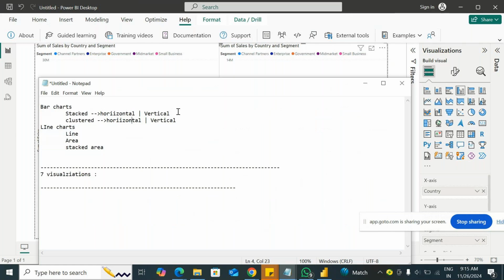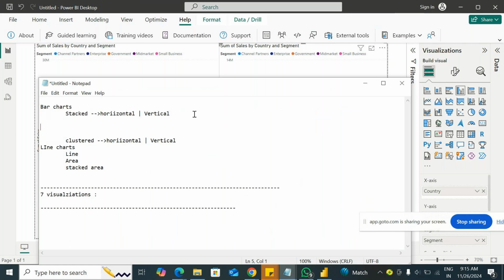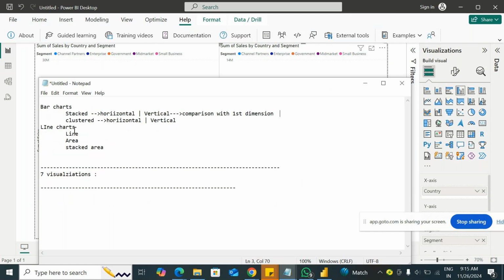The stacked bar is used to represent a comparison with the first dimension, and the clustered bar is used when we are comparing with the second dimension.